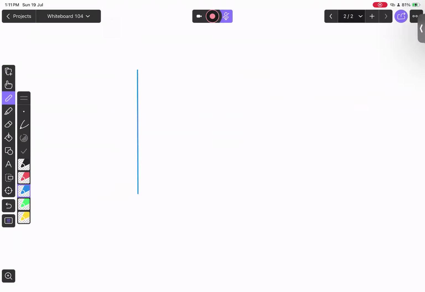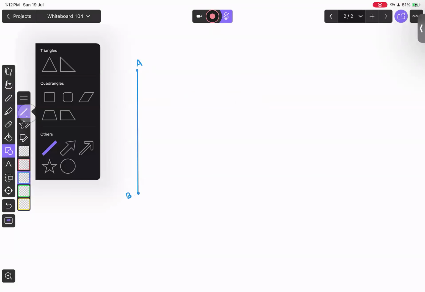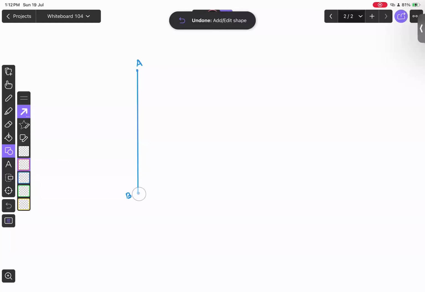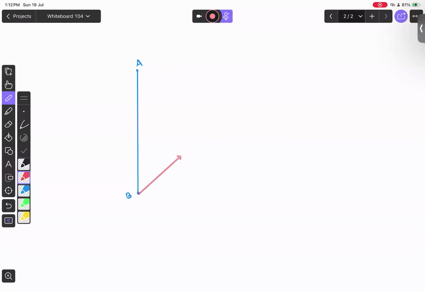Suppose I sit in the frame of A and we have to observe B. By being in the frame of A, we find the velocity of B with respect to A is along maybe this red arrow, and that is constant.